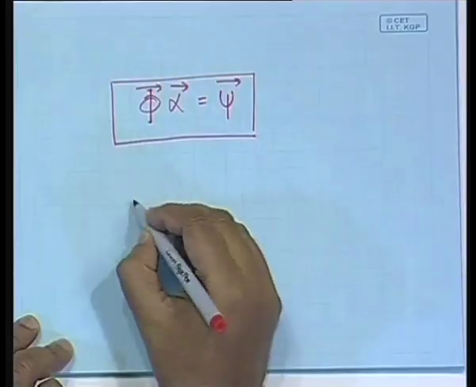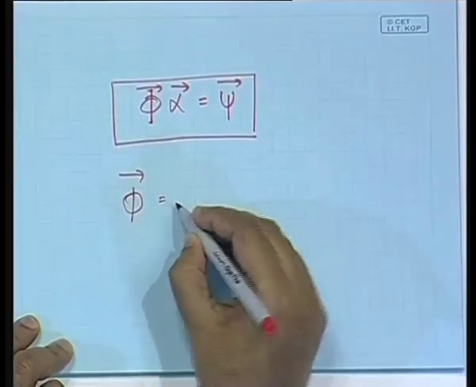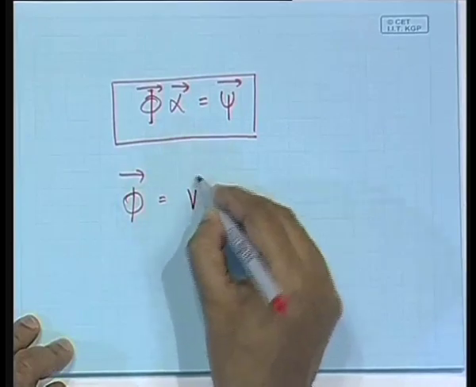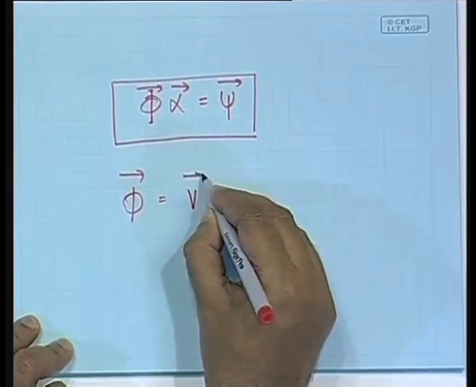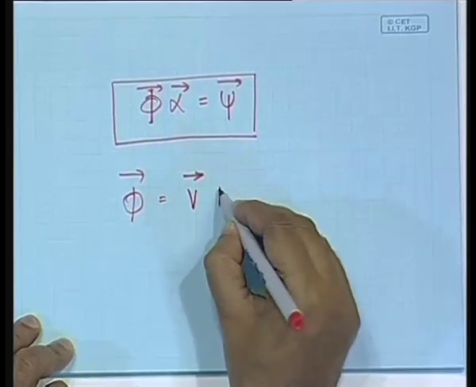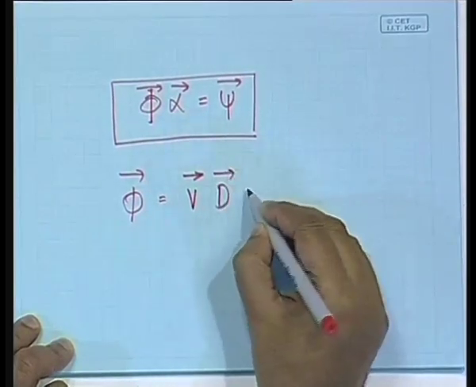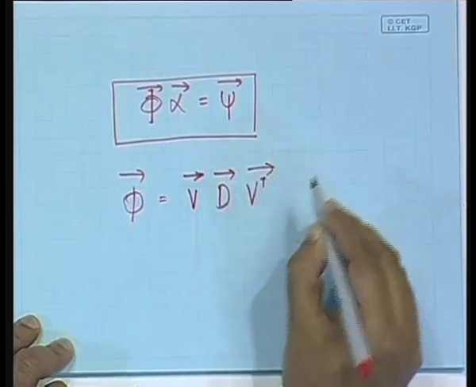Our objective will be now to solve for this alpha, but to do that we have to make a manageable form of this phi. As I said, phi is a symmetric matrix, that property is known, and in fact this phi matrix will be represented in this form: a V matrix multiplied by the D matrix multiplied by V transpose.